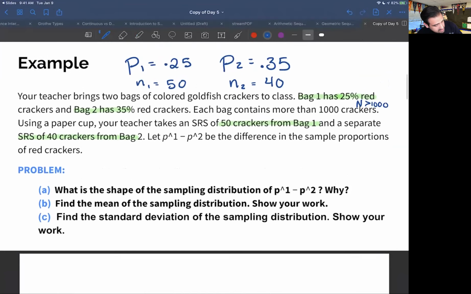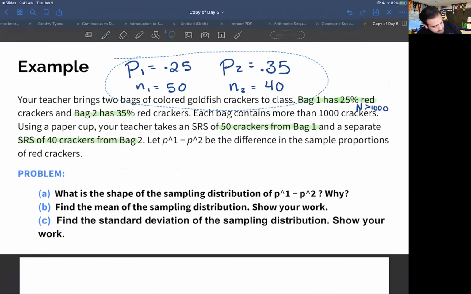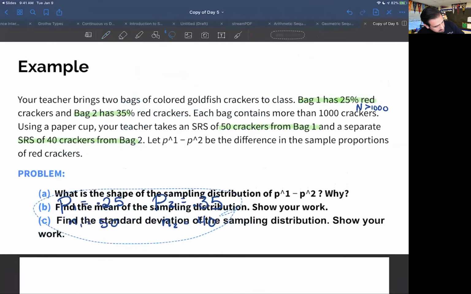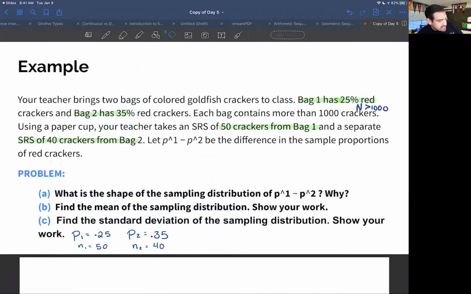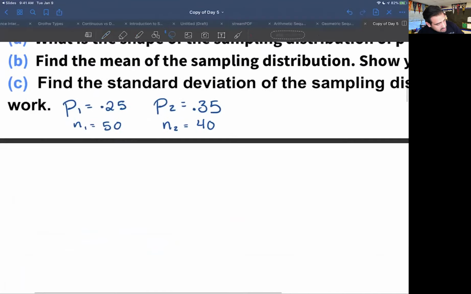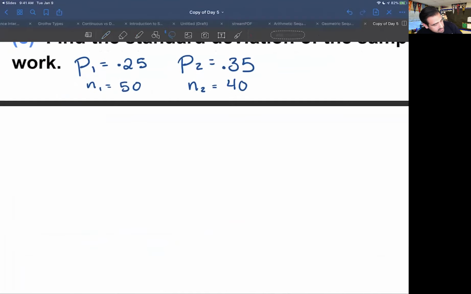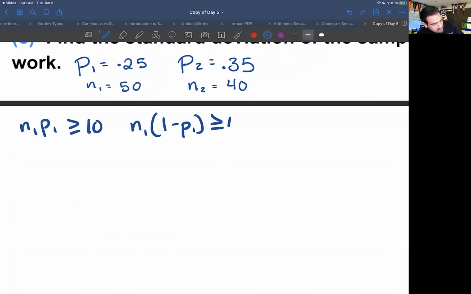I'm going to take this information and move it down. So we have the probabilities, let's check p1. n1 p1 has to be greater than or equal to 10, and n1 times 1 minus p1 has to be greater than or equal to 10. So we have 50 times 25%.